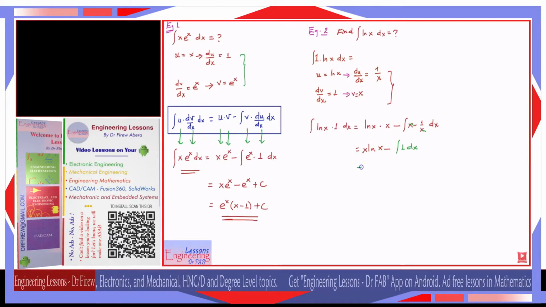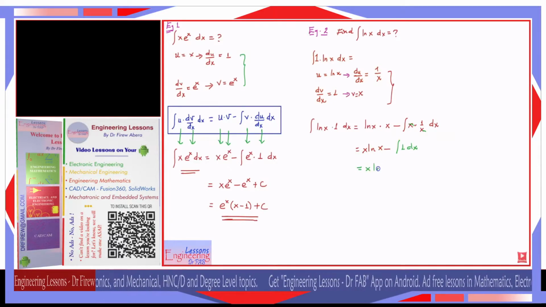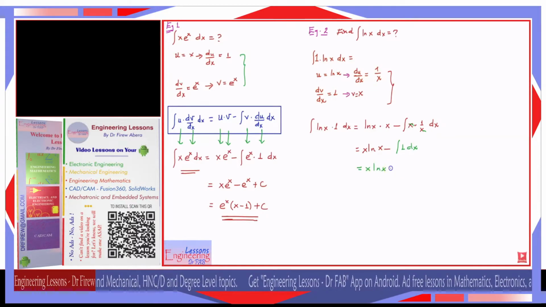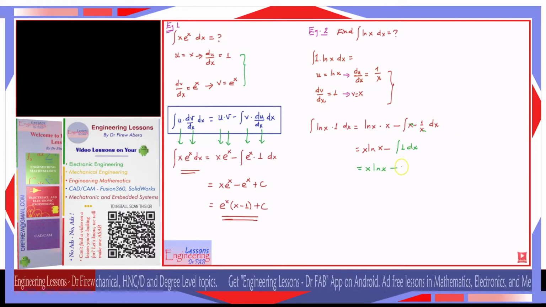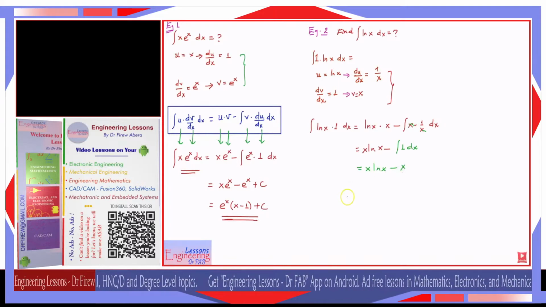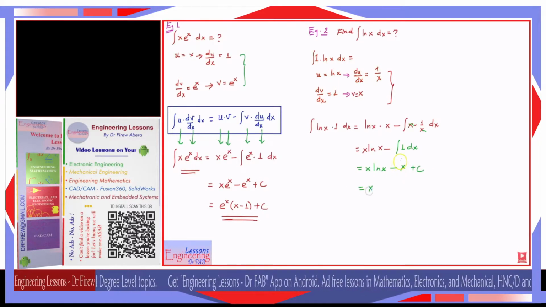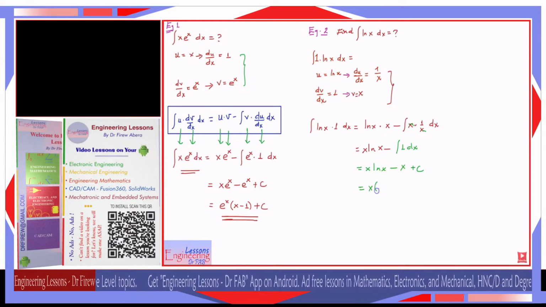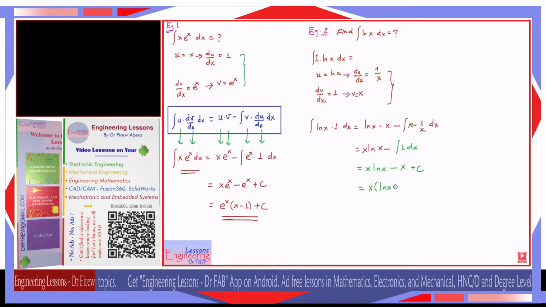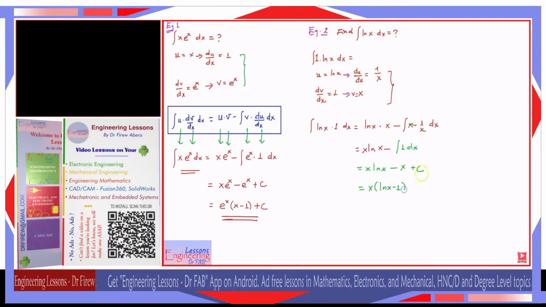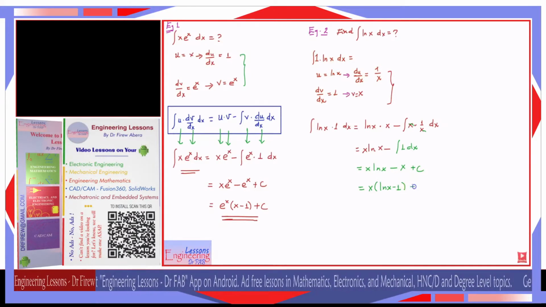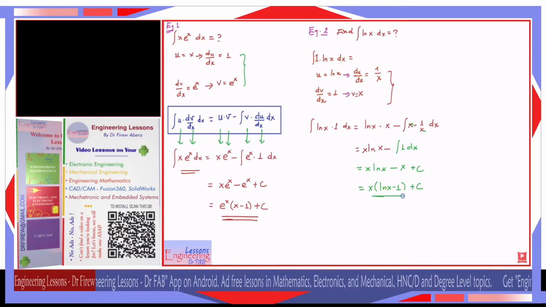So this will be x ln x minus x plus a constant. If you take x as a common factor, this will be x times (ln x minus 1) plus a constant.